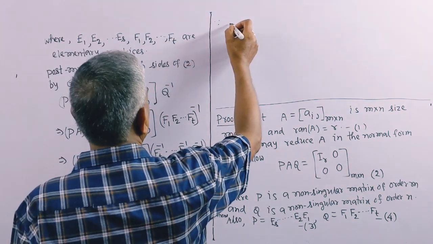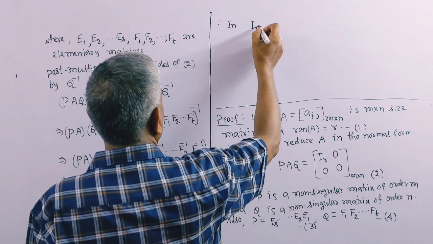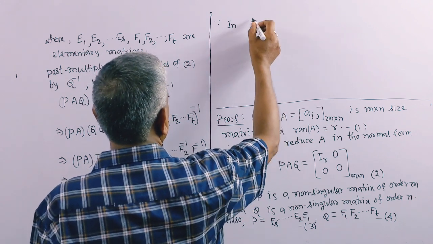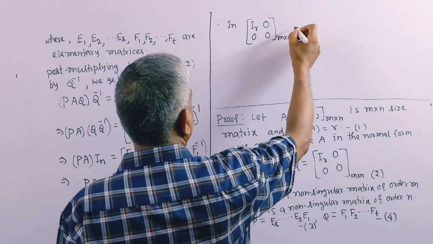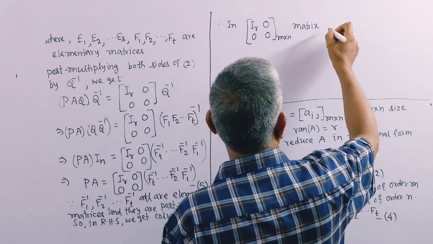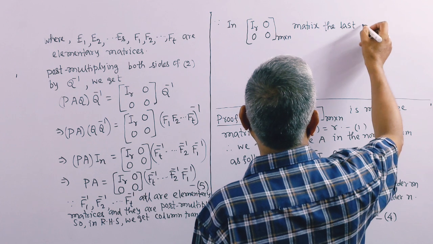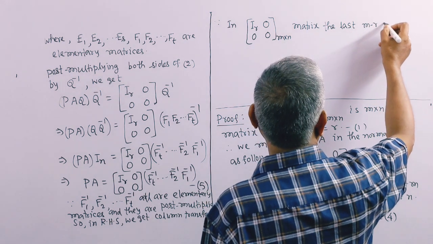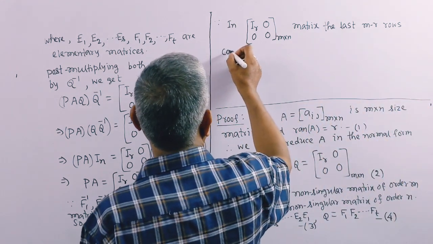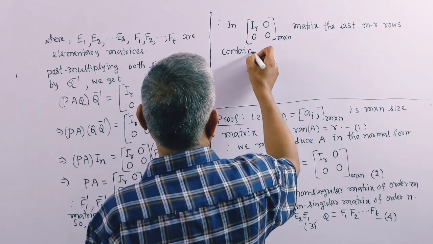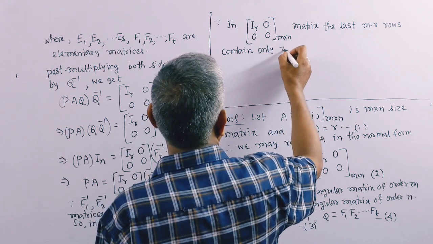Since in [IR 0; 0 0], an m by n matrix, the last m minus r rows contain only 0 elements.